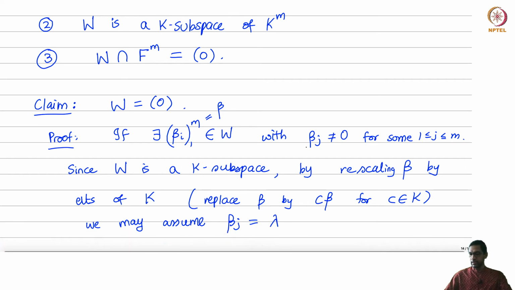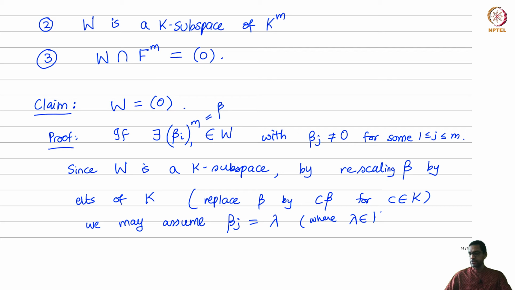Let me fix some lambda belonging to K, some fixed element. In other words, by rescaling, I can ensure beta j is any element I want, any element of K. So I am going to fix lambda and I will rescale beta so that beta j equals the value lambda.